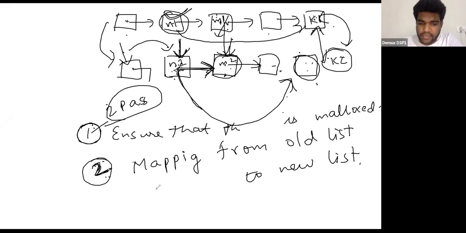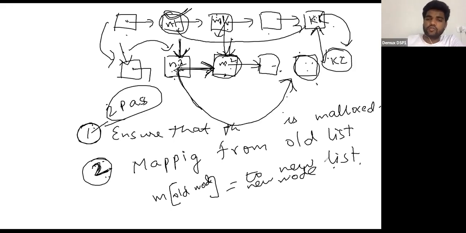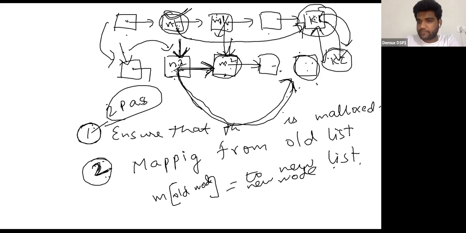So you can basically maintain a mapping from old node's address to the new node's address, so that when you are at a given node and you want to populate its random pointer, you look up the random pointer of the corresponding node in the old list. You know the address of that. Use the map to reach the corresponding node in the new list and make this random pointer point to that node.